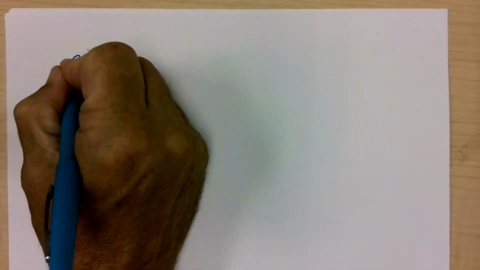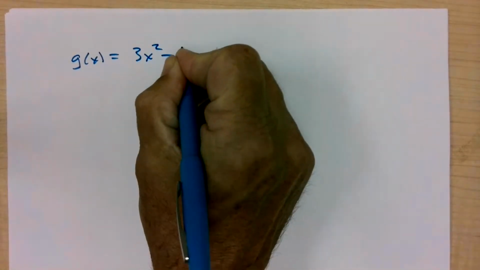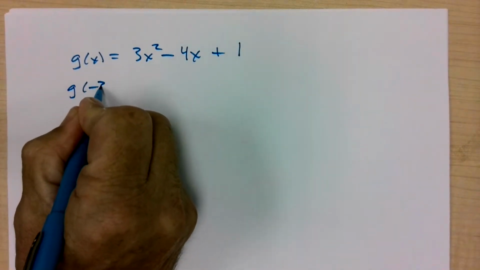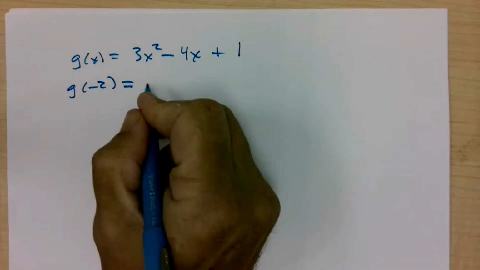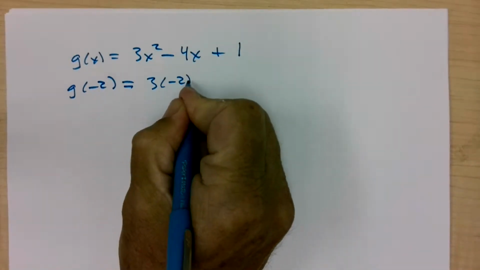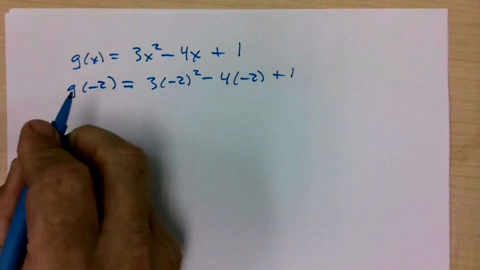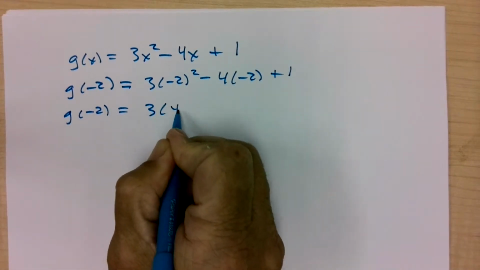Let's look at a more interesting function. If I have g of x is 3x squared minus 4x plus 1, what is g of negative 2? Wherever I have an x, replace the x with negative 2. 3 times negative 2 squared minus 4 times negative 2 plus 1. g of negative 2 is 3 times 4.